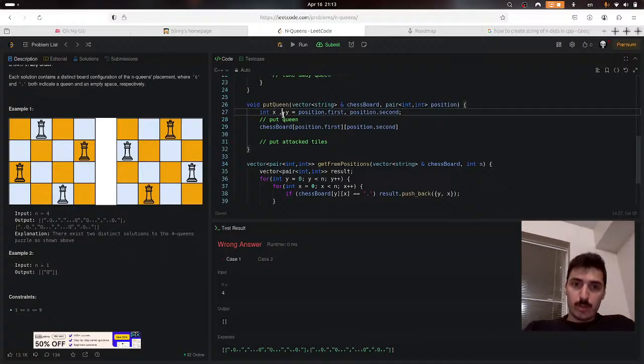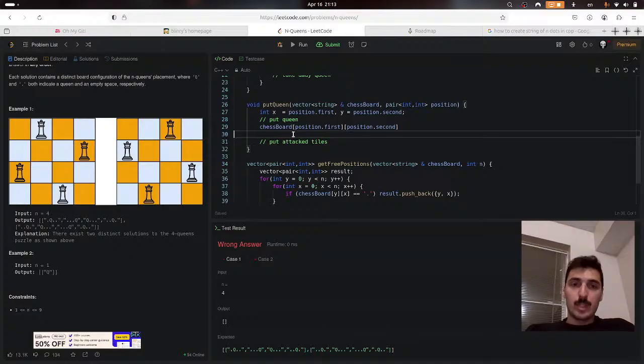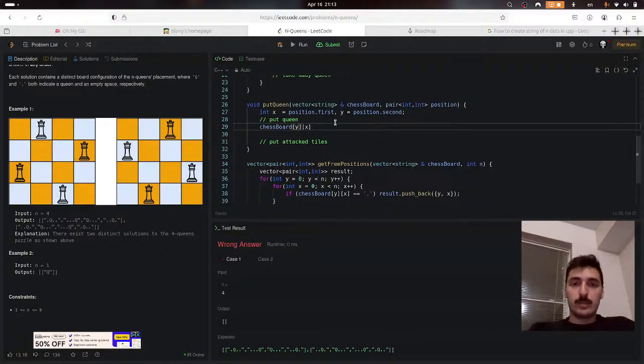This is wrong syntax. Everybody chill. I think this is right now. Int x is this, y is this. I think this is correct C++ syntax. Not good, but correct. Put queen. X and Y equals queen.